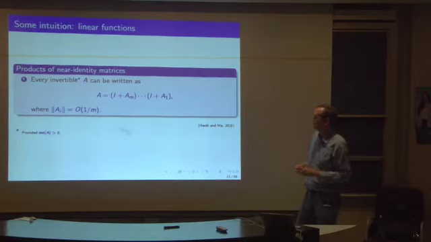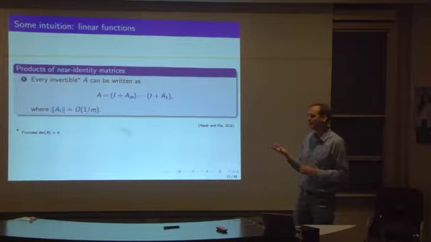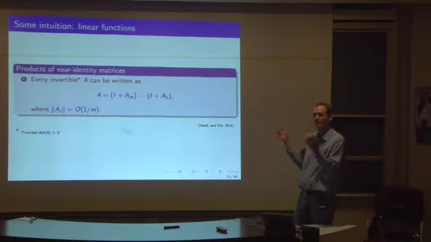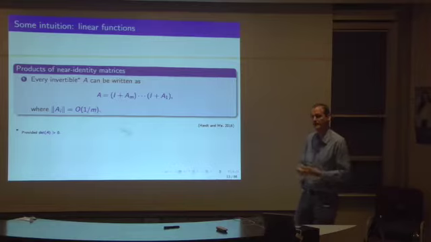So for a given linear map, you can represent it as a composition of things that are all close to the identity, and as the depth increases, you can make them closer and closer to the identity.